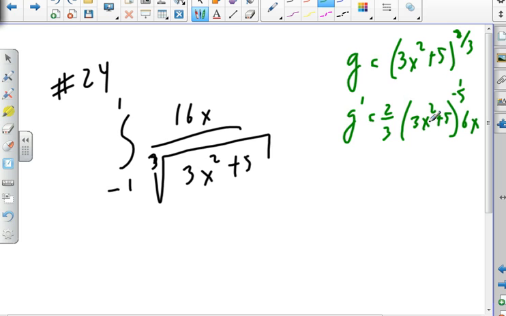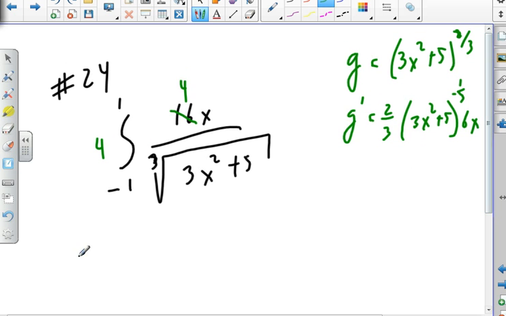I have a 4 there. I'm supposed to have an 8. So what I'm going to do is put an 8 out here and a 4 there. That was brilliant, wasn't it? Because that wouldn't work. I'm going to put a 4 in both places. That makes that 16. And I'm supposed to have a 4.